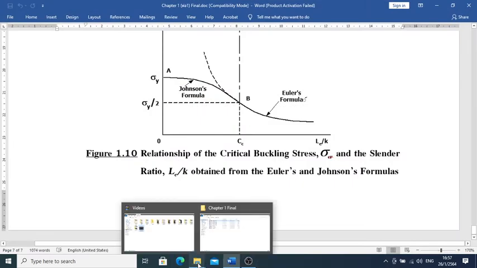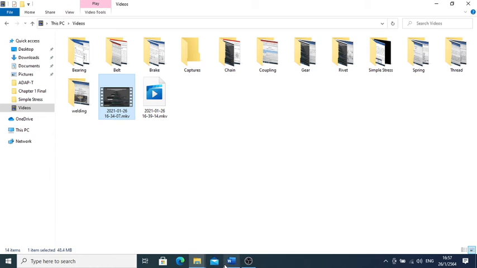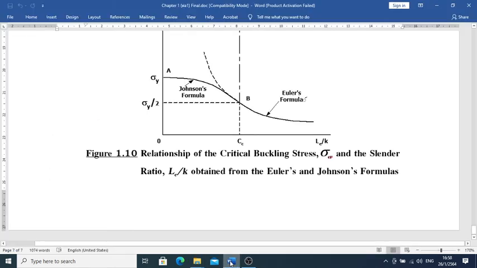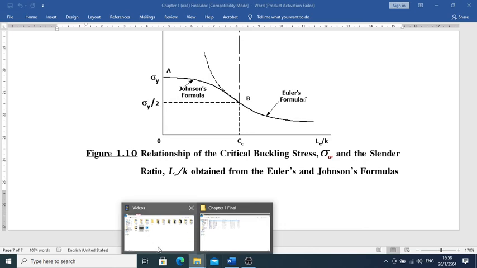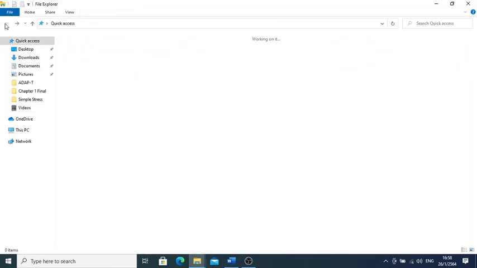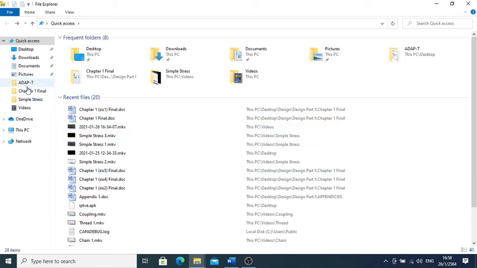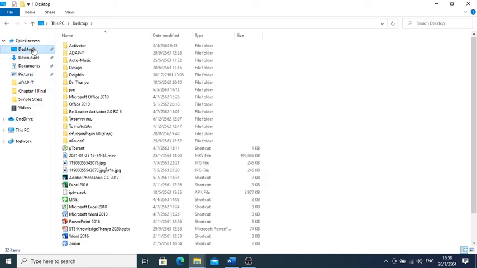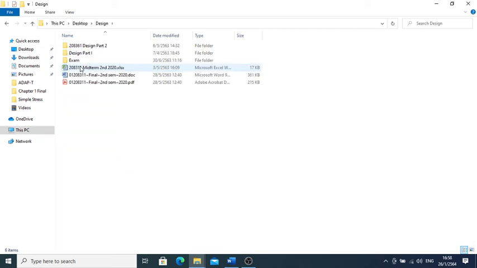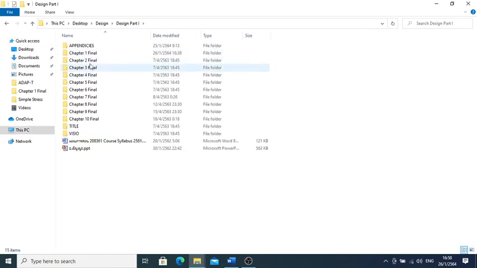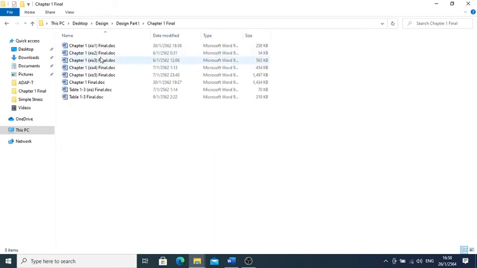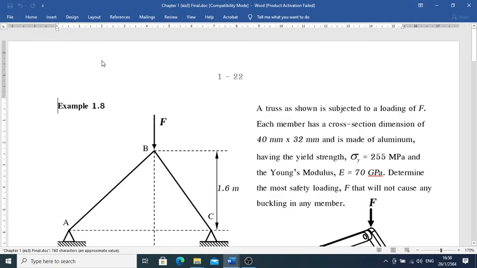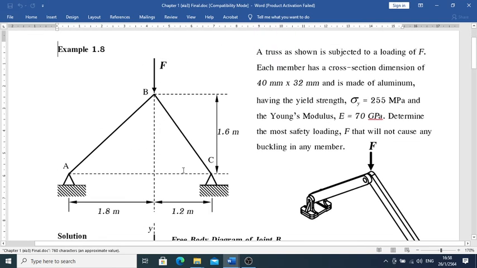Let's go to what we left over. One example there, 1.8, you may have a look at by yourself.